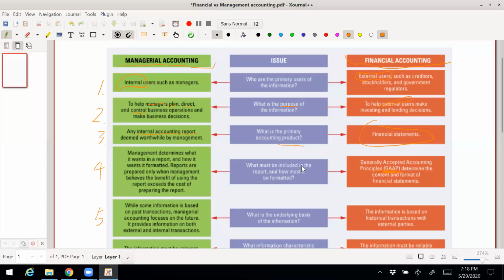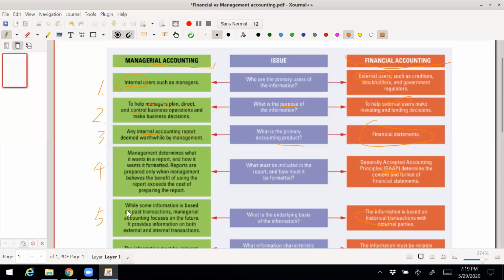Next one: what's the underlying basis of the information? This is a big difference. Financial accounting is based on historical transactions. We don't do our 2020 financial accounting until the last day, December 31st. We finish all the transactions, then we make our financial reports.